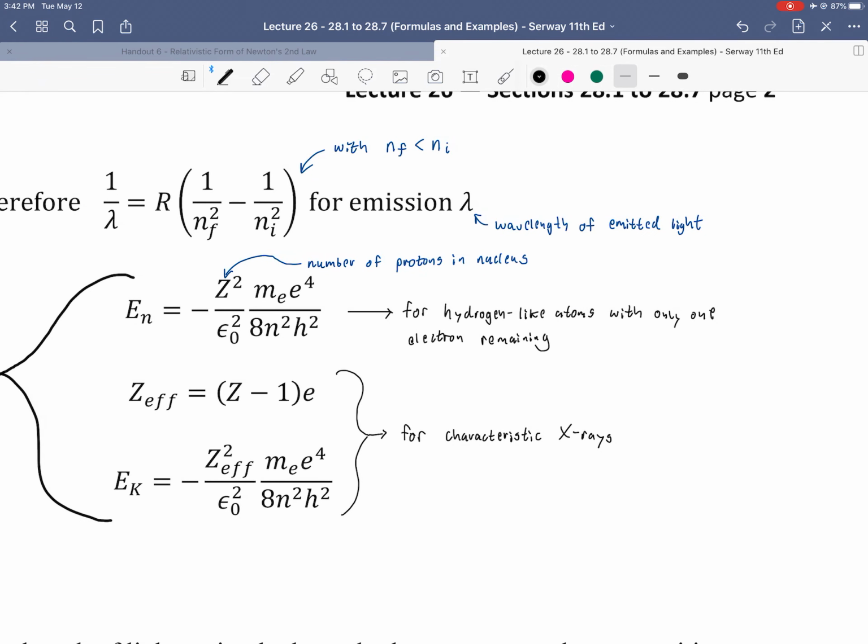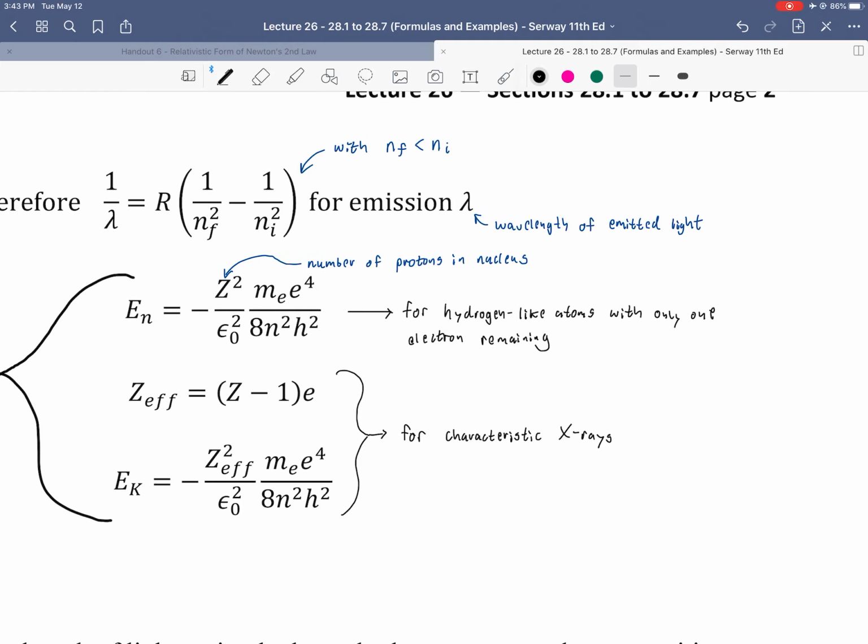Well, for heavier elements, the ones you can't imagine being so fully ionized that they have just one electron left, you can still use the Bohr model if you bombard that atom with high energy electrons, and again refer to lecture 25. You shoot in an electron that has just the right amount of kinetic energy so that when it crashes into the atom, it has an energy equal to the total energy of an electron in the K shell.